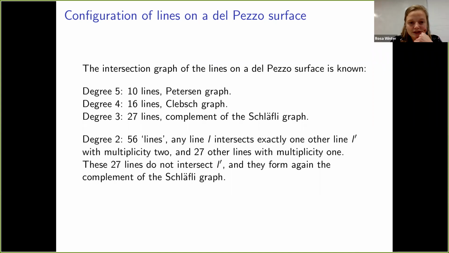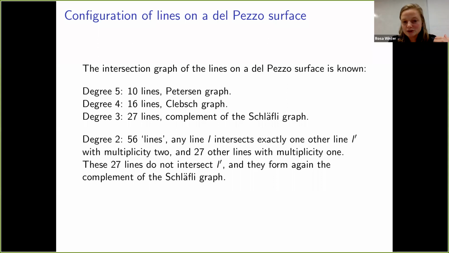And for degree 2, it's not easy to draw, but you can describe it quite nicely. There are 56 lines, which, as I said before, are exceptional curves and not really lines in this case, but I use the words a bit interchangeably. Any line of those 56 intersects exactly one other with multiplicity 2 and 27 other lines with multiplicity 1.